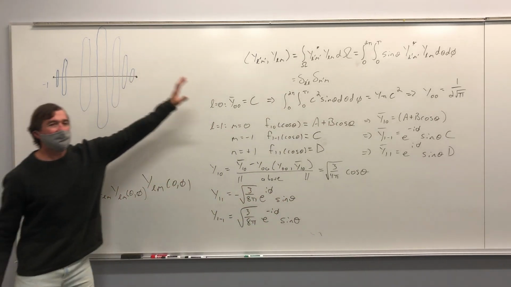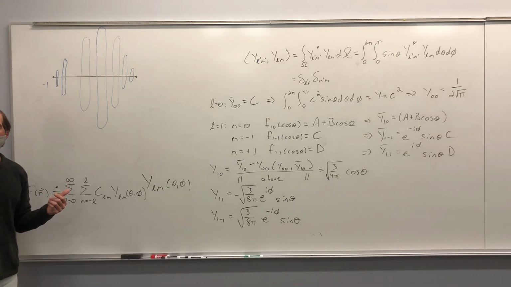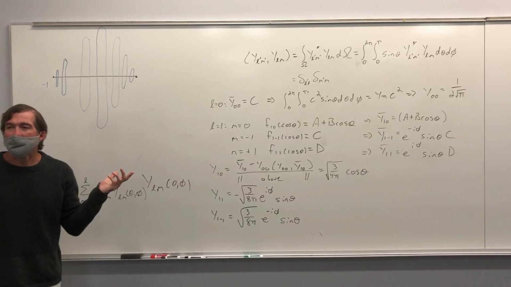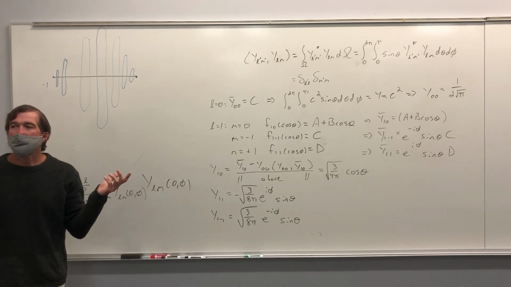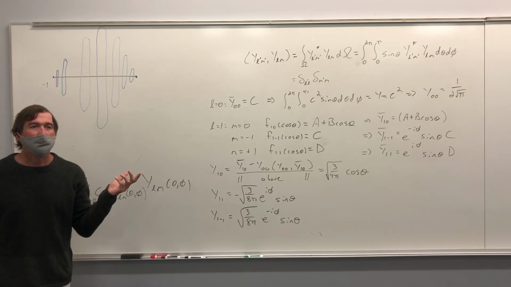If I play this story out for the circles, what do I end up with? You end up with a basis. And what do we call it? What's the name of it? The spherical coordinates.